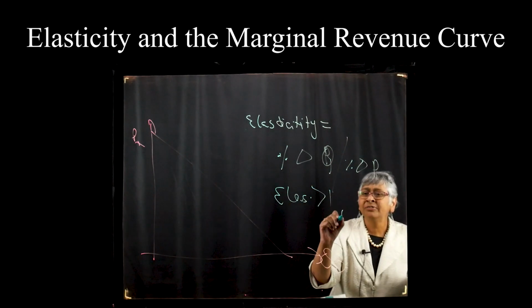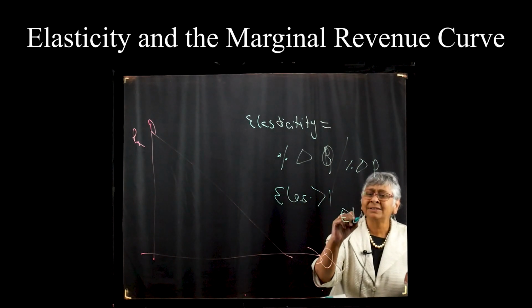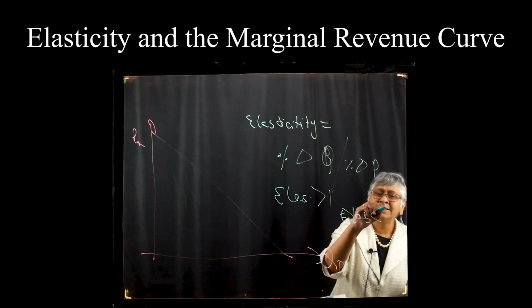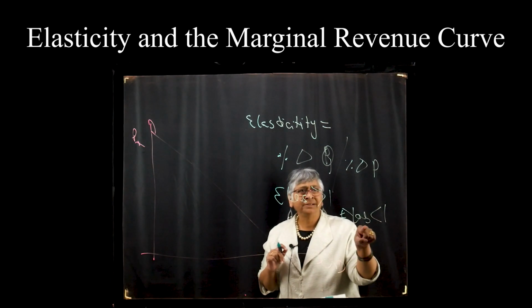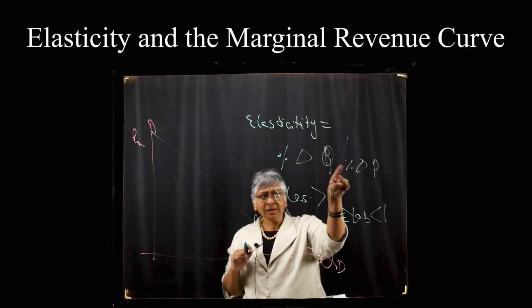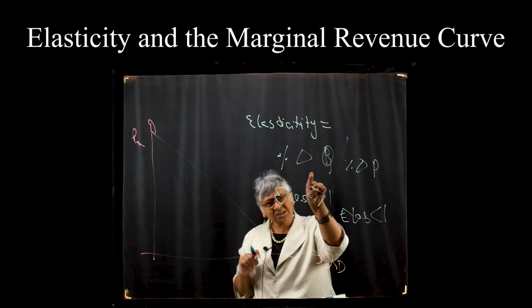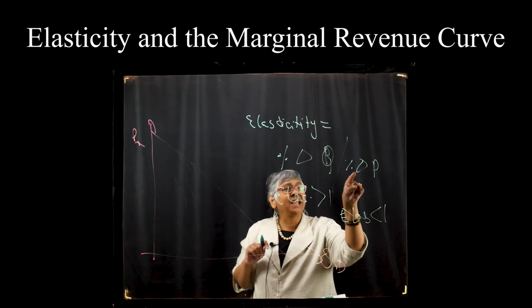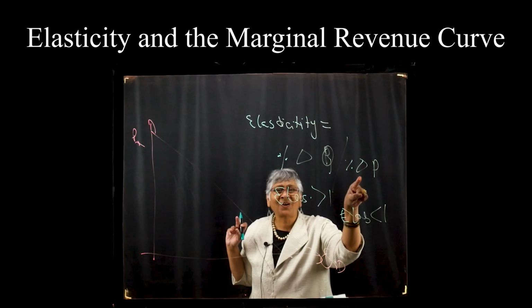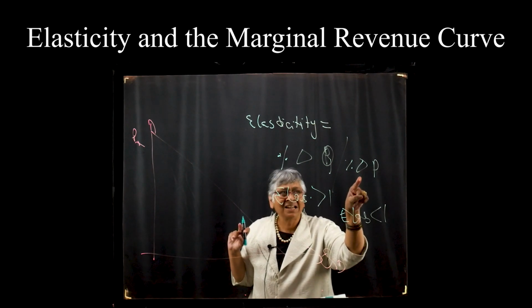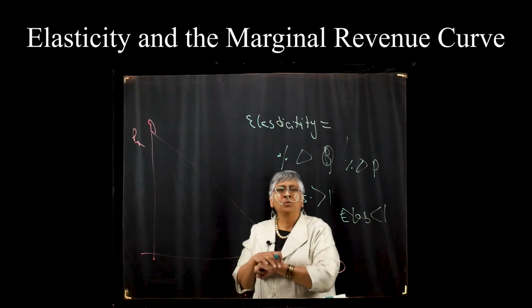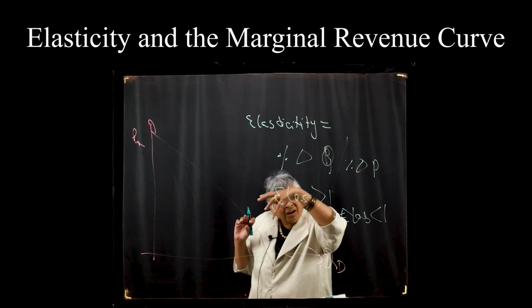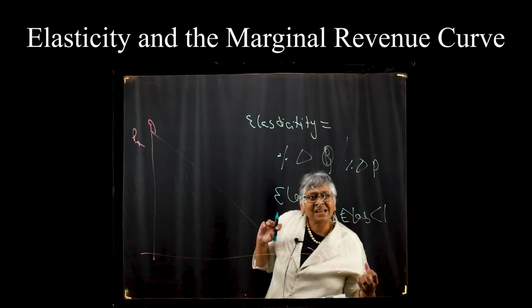But if elasticity is less than 1, it means, okay, price went down, quantity went up, but the extent of price decrease outweighs quantity increase. My revenue is going down.